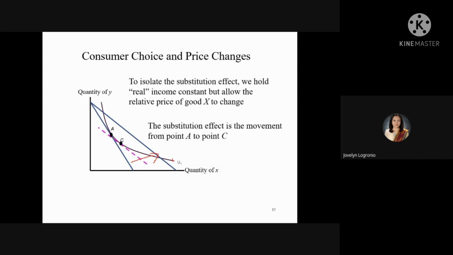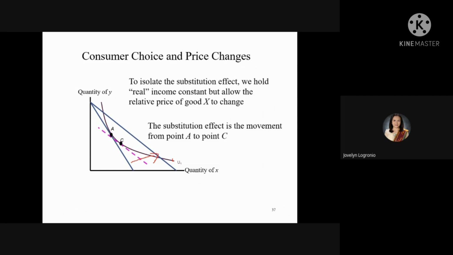So kung ano yung happiness that a consumer gets from purchasing more X is equal to the foregone happiness that he derived from purchasing less of good Y. So the same level of utility.